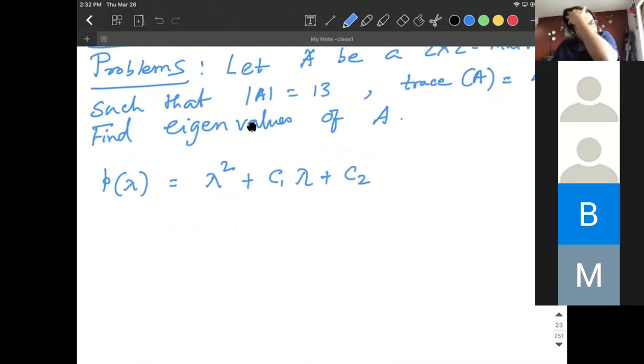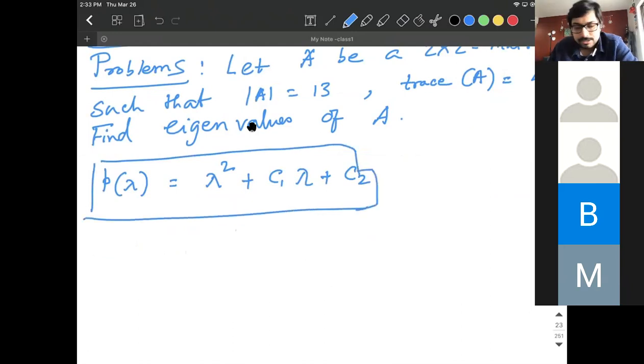Because A is a 2 cross 2 matrix, so we should have a polynomial of degree 2.